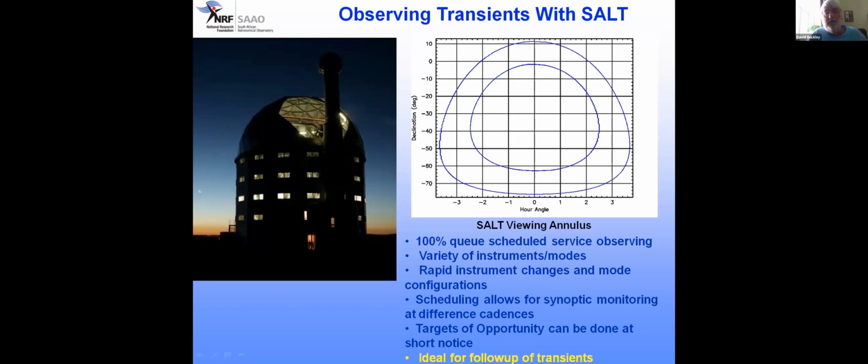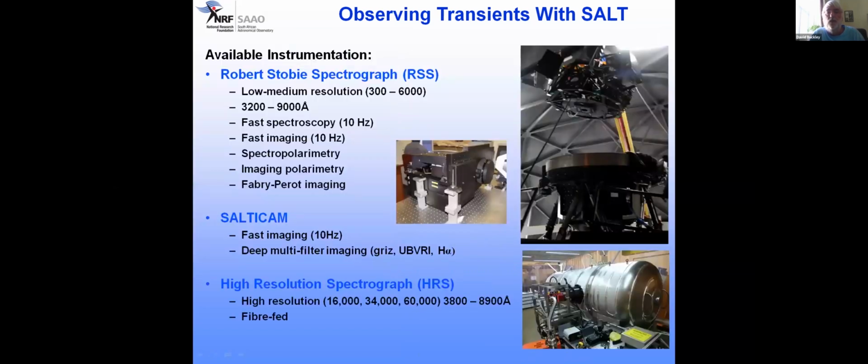So although the telescope is restrictive in its pointing, it's ideal because of the queue scheduled nature and the fact that we can do targets of opportunity. So it is a good telescope to do transient astronomy with.